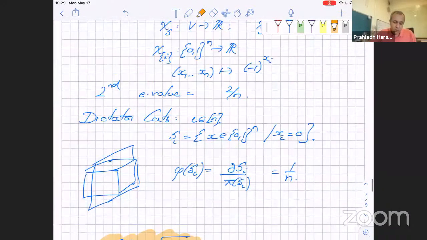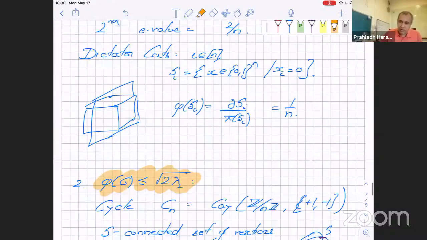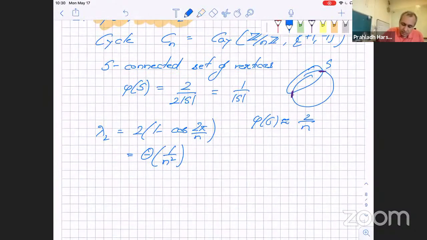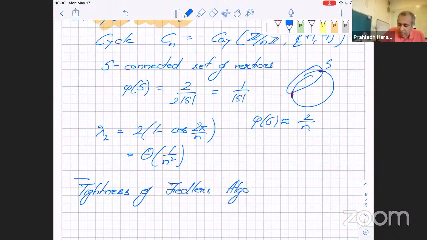Now you could ask one more thing, before I wrap up the entire discussion on Cheeger, which is the tightness of the Fiedler algorithm. What did we claim?